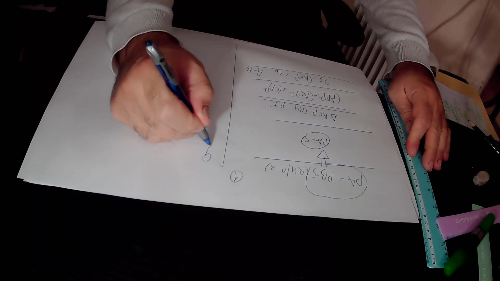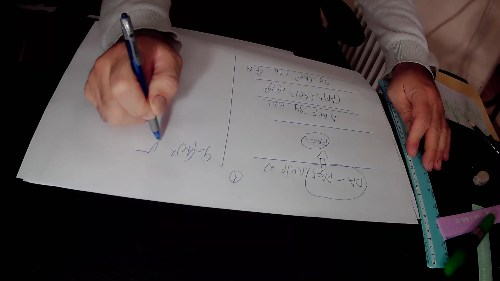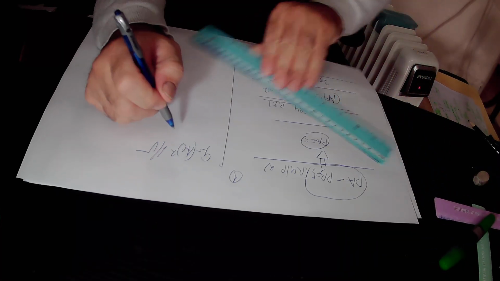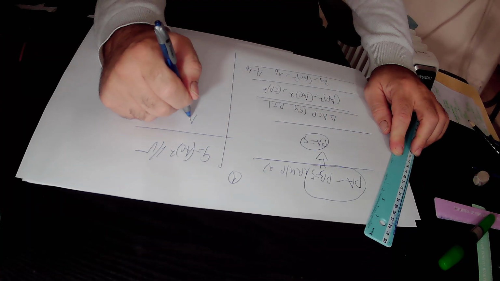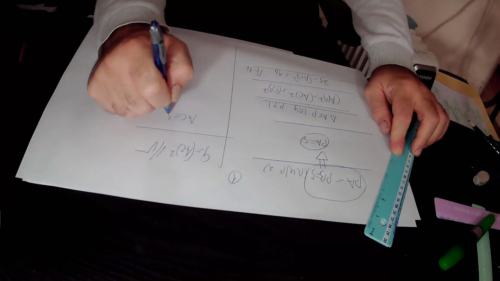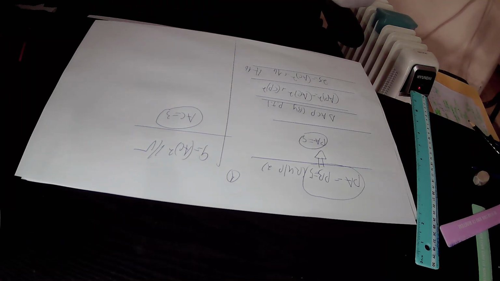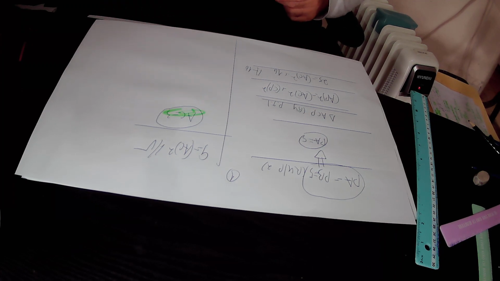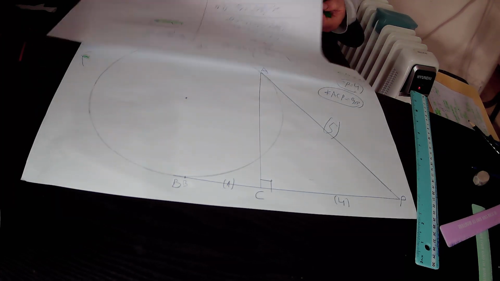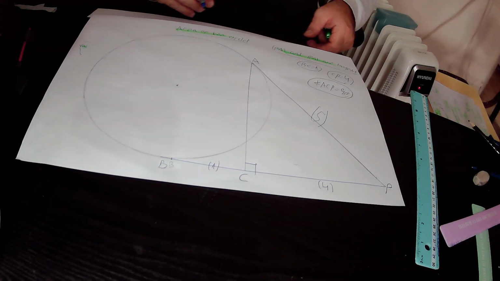So 9 equals AC squared. Here we take the square root and find that the missing side AC equals the square root of 9, that is 3. So AC equals 3 units in its length.